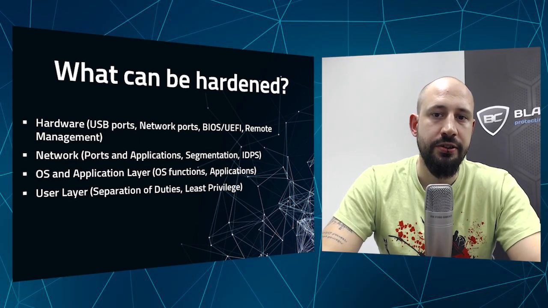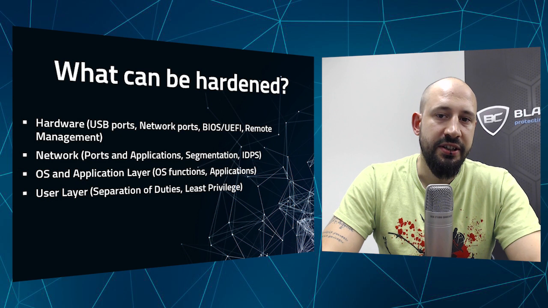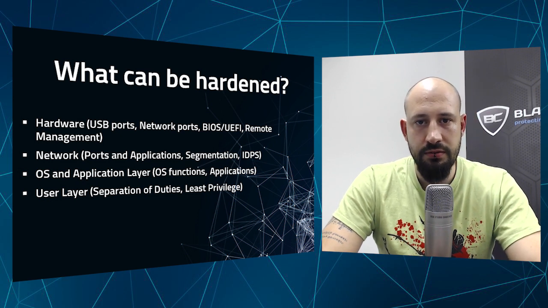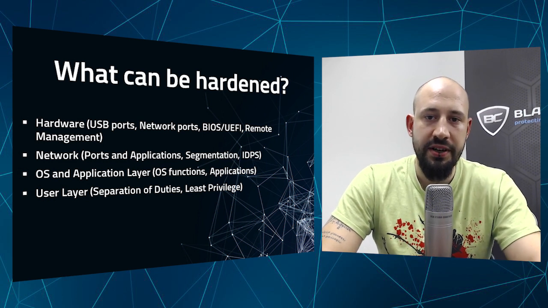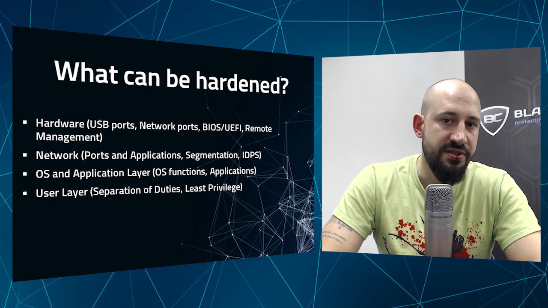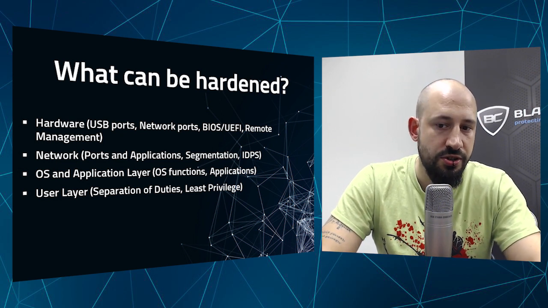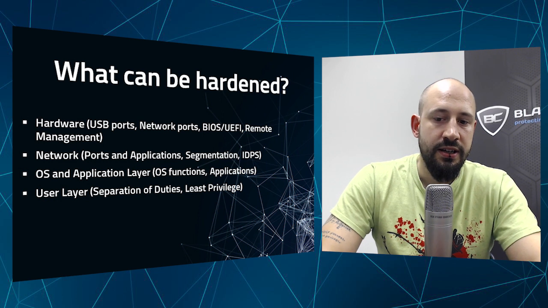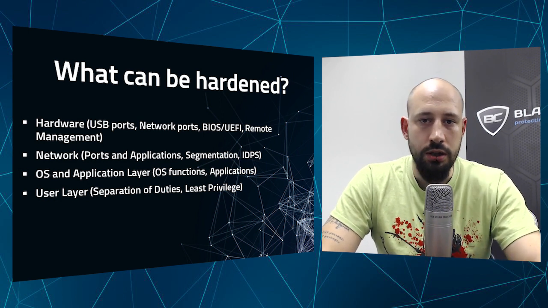You can also harden your operating system or applications. Usually the hardening frameworks are regarding operating systems and applications on them. You can disable operating system functions if you don't use them, like remote access for workstations, or you can harden applications and application runtime environments.